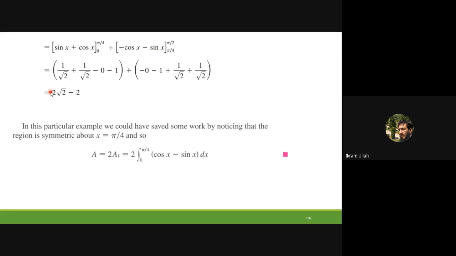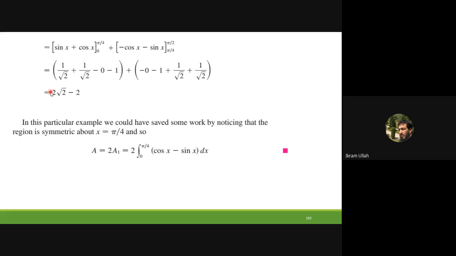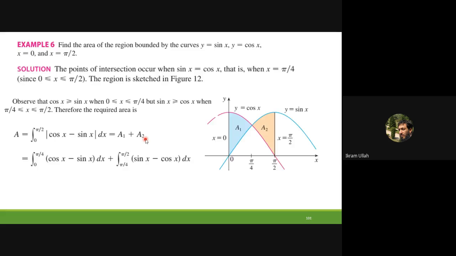In this particular example, we could have saved some work by noticing that the region is symmetric about x equal to pi by 4. In this graph, you can see the region is symmetric about x equal to pi by 4, because this region and that region are equal.